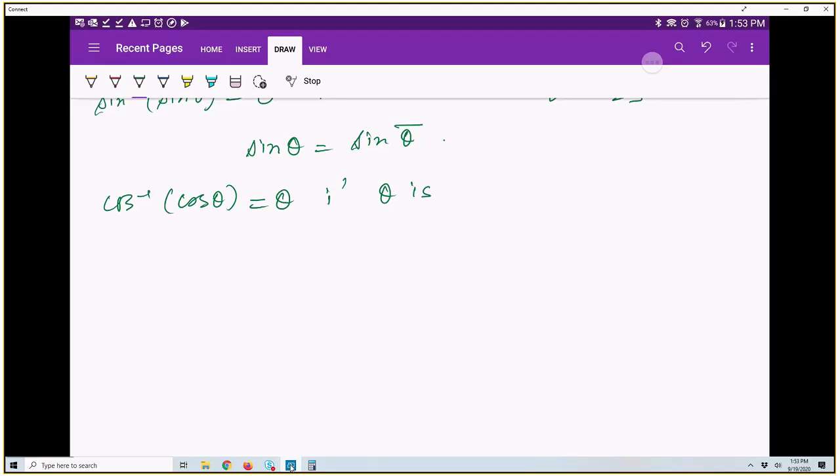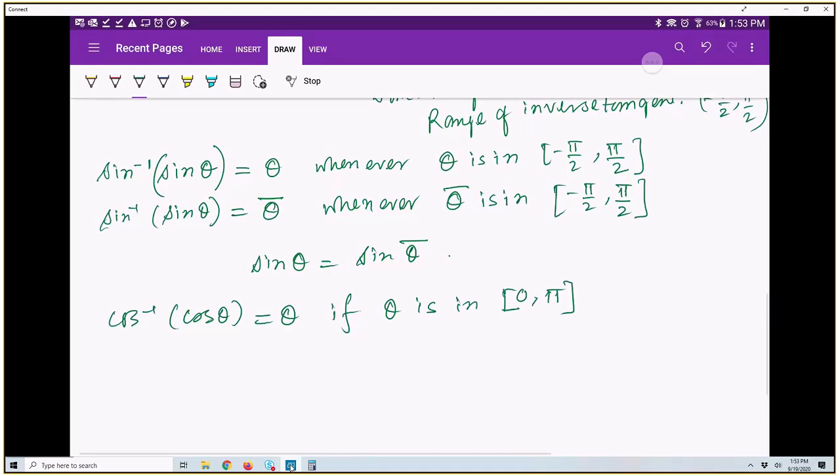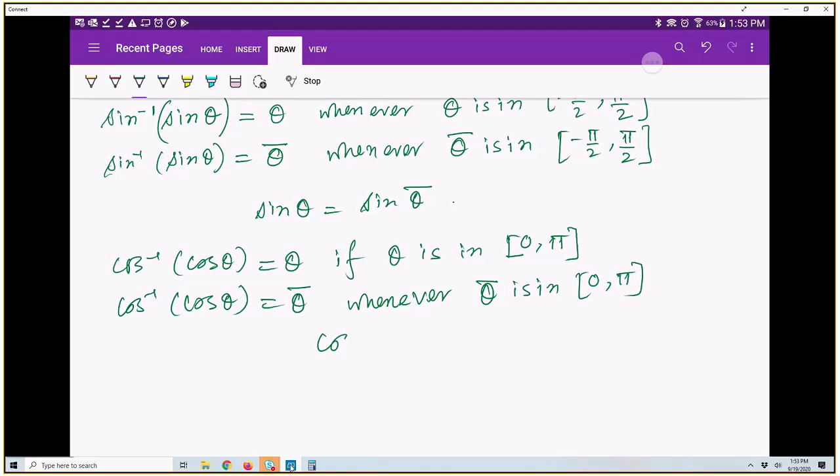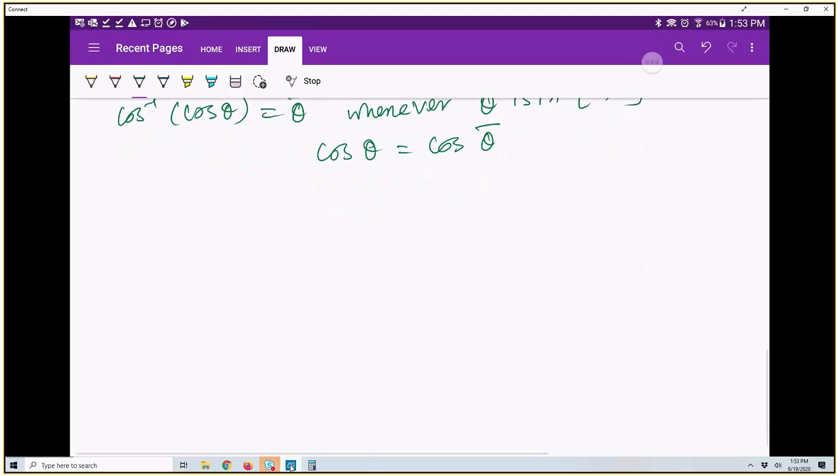And if theta is not in this domain, then cosine inverse of cosine theta should be a theta bar whenever theta bar is in the domain, and cosine of theta is equal to cosine of theta bar. So probably by now you are understanding why I'm using the notation theta bar, because it has to do with the reference angle in the proper quadrant.